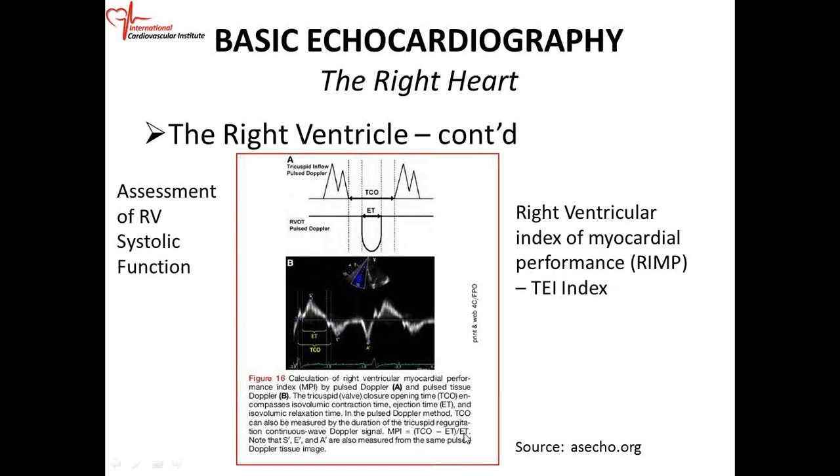So you have to understand what we mean by that. This is the Doppler across the tricuspid valve. You'll have your E velocity and your A velocity, suggesting tricuspid valve opening. Remember, the tricuspid valve opens in diastole, just like the mitral valve. Then the tricuspid valve closes at the end of diastole, and then it opens again.